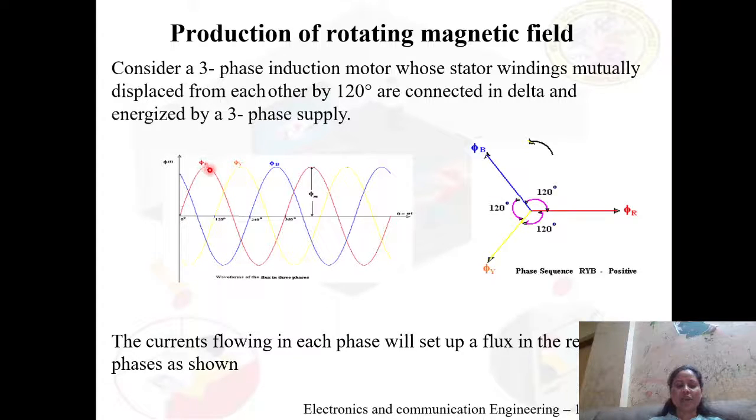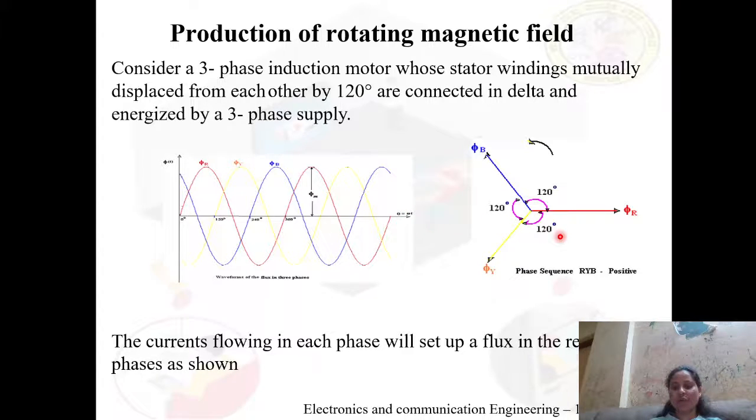That is, if the R phase produces the flux which starts at 0 degree, then Y phase will produce the flux which starts 120 degree apart from the phase R. Also the phase B will produce the flux which is 120 degree lagging compared to the phase Y flux. Okay, so this is the waveform for the fluxes produced by the three phases.